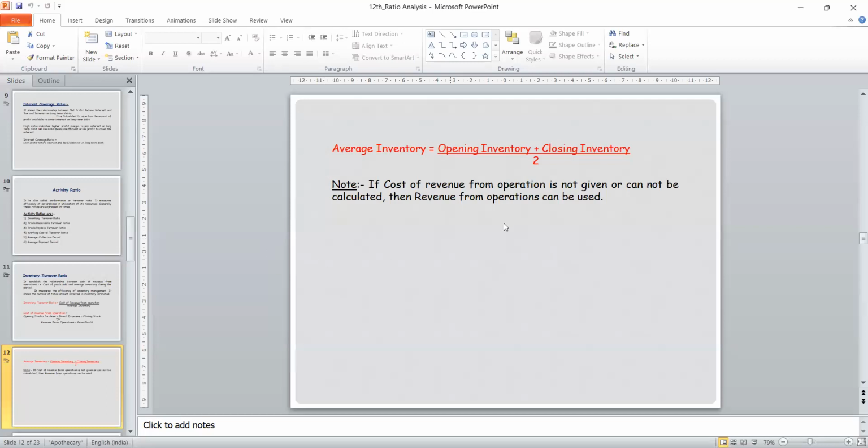Opening inventory plus closing inventory divided by 2. If cost of revenue from operation is not given or cannot be calculated, then revenue from operation can be used. Meaning there are two things. One is the revenue from operation, that is net sales.